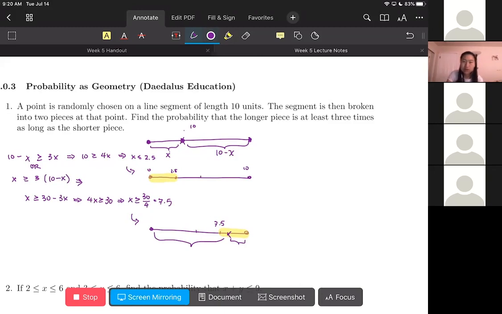So we could do this a couple ways. First, we could say, okay, the probability of this one is 1/4 and the probability of this one is 1/4. And we add them, so the total is 1/2. Or we can say, okay, what's the total length? The total length here is 2.5. The total length here is 2.5. So we get 2.5 plus 2.5 over the total length of 10. So this gives us 5 over 10, which is 1/2.